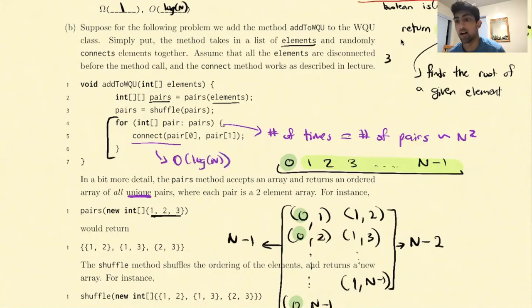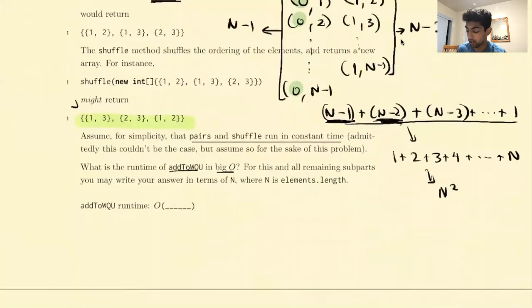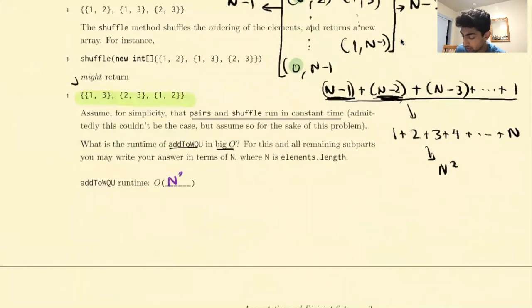So what we can say now is that if this for loop is executed n squared times, and each time we call connect, it can take at most log n time, a valid big O bound is going to be n squared log n, okay? So this is a valid big O bound.